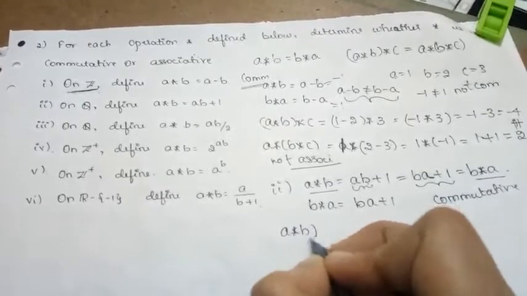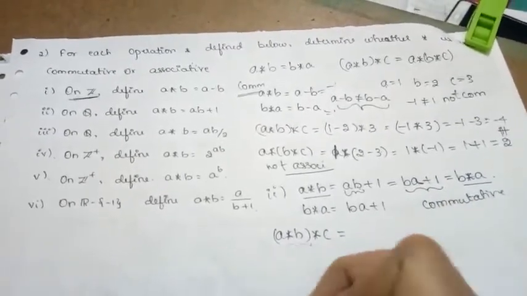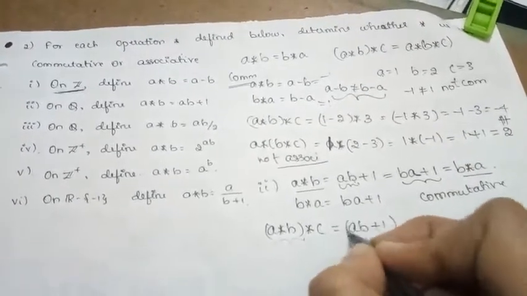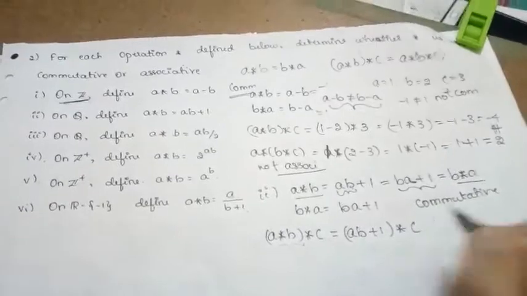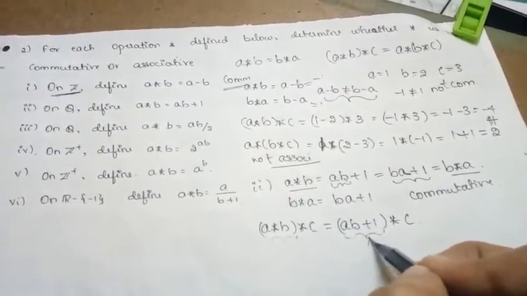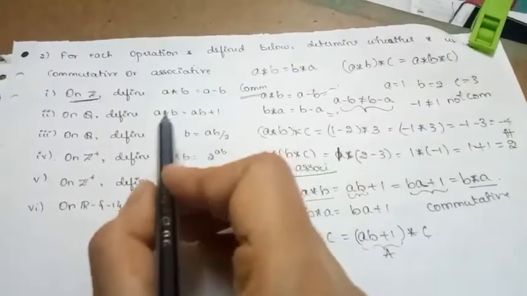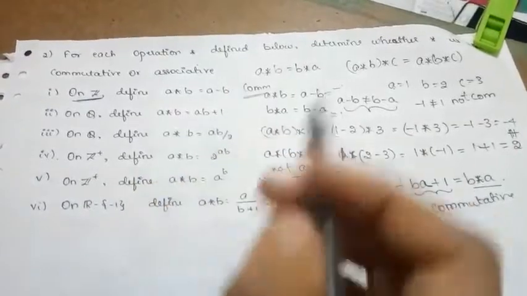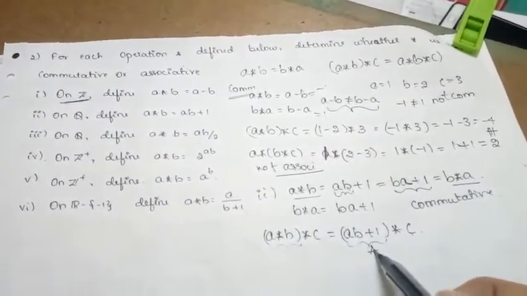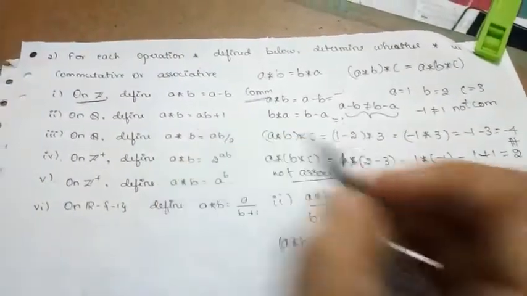Associative means we need to check for the 3 variables. So what does A star B star C, we are saying? It is nothing but AB plus 1 star C. Now consider this whole term as our capital A. Now it is in the form of A star C. How is it defined? A star B is AB plus 1. So now this whole becomes our A and this C becomes our B. So AB plus 1 means what?